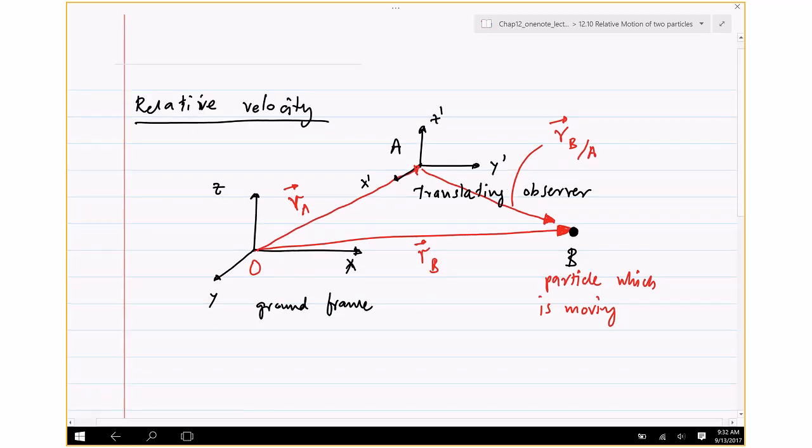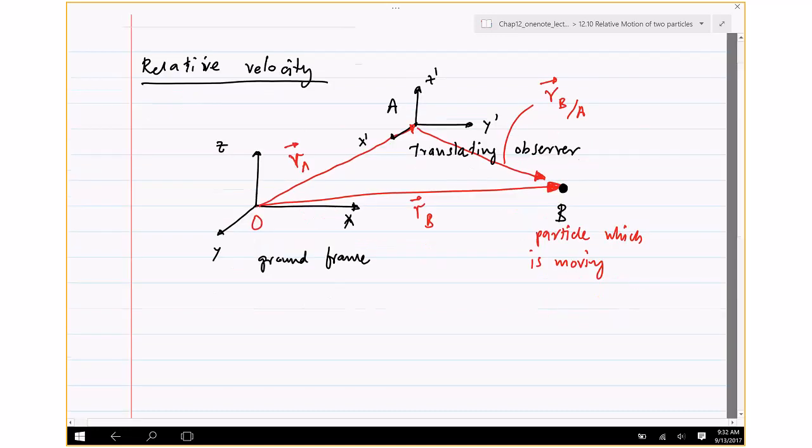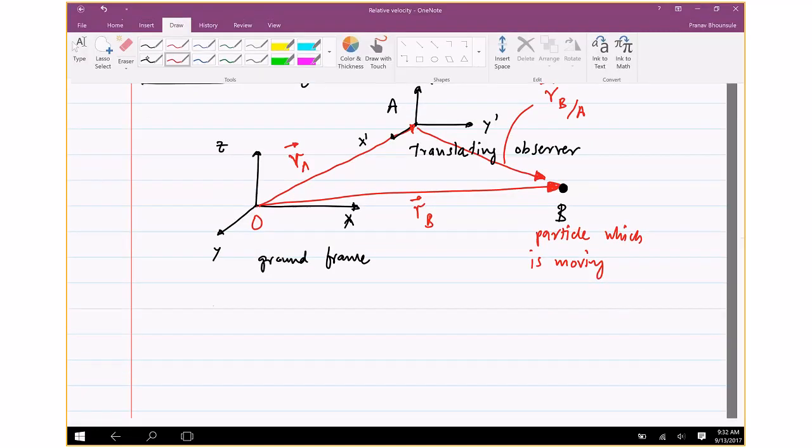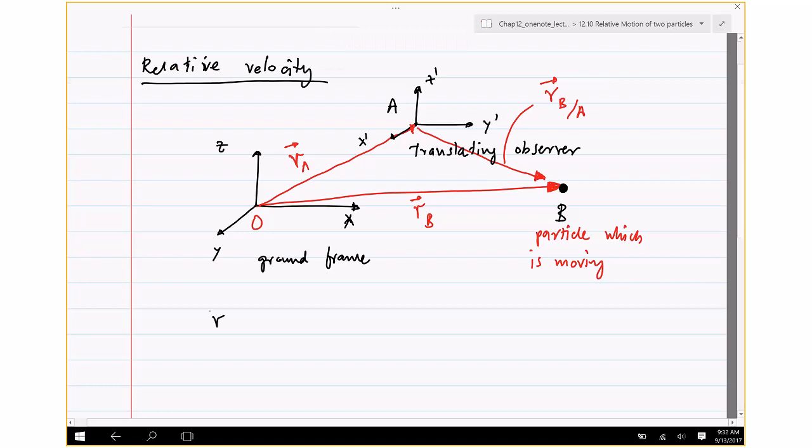So if I have drawn a closed triangle with vectors, then I can relate B, A, and B with respect to A. RB is RA plus RB with respect to A. I hope you can recall this from vector algebra, right?